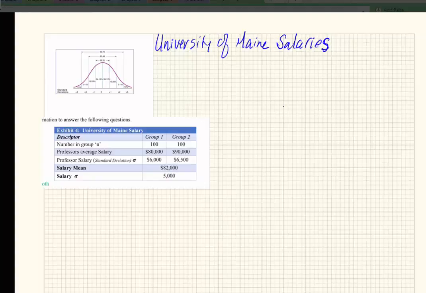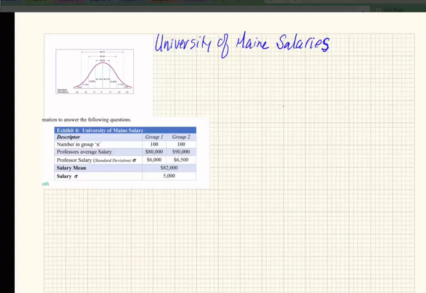So on here you'll see I've got both a normal distribution and the information needed in order to do these problems about the salaries. So let's start then with the first type of problem, which was how many people would score in this or that percentage.